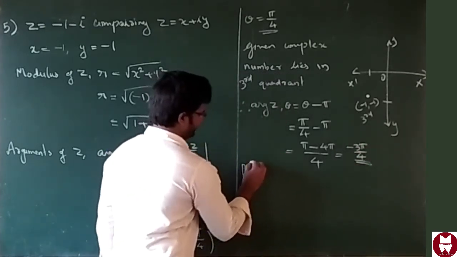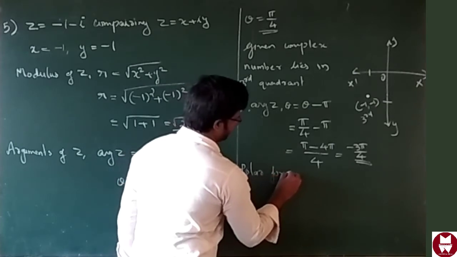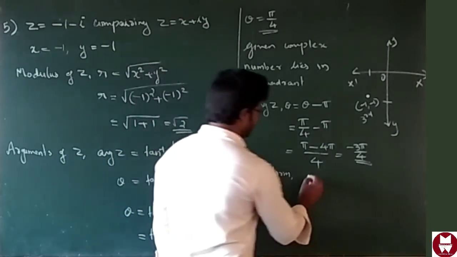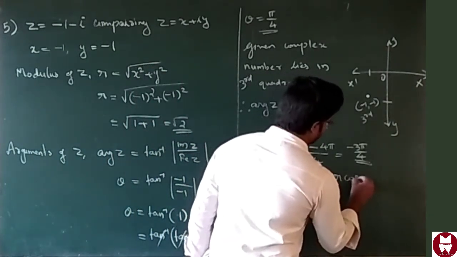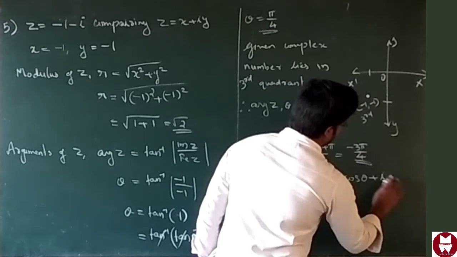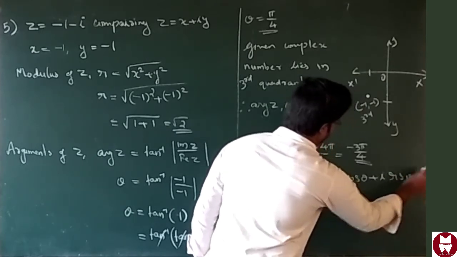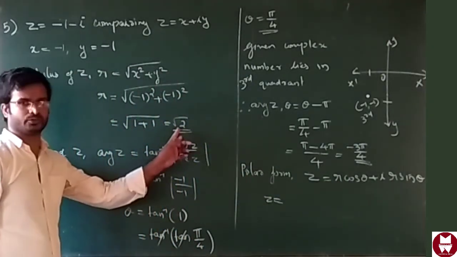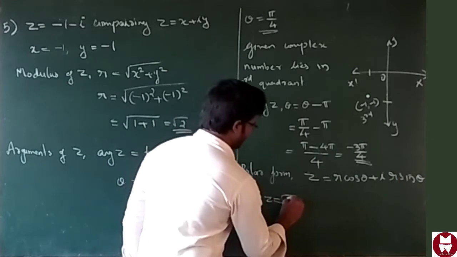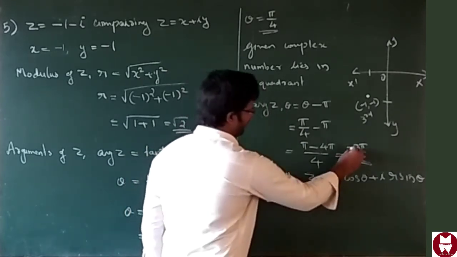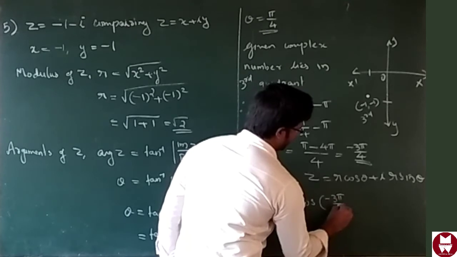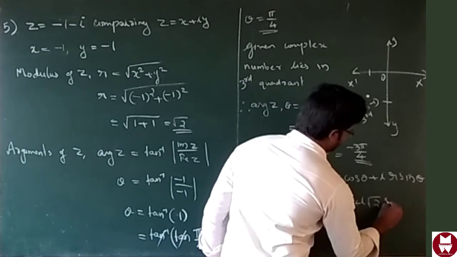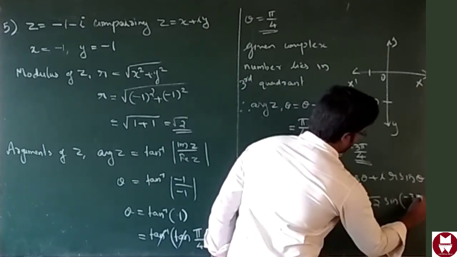Then polar form. What is the general polar form? z equal to r cos theta plus I r sin theta. What is r? r we already got, root 2, isn't it? Root 2 cos theta, that is minus 3 pi by 4, plus I, r means again root 2, root 2 sin minus 3 pi by 4.